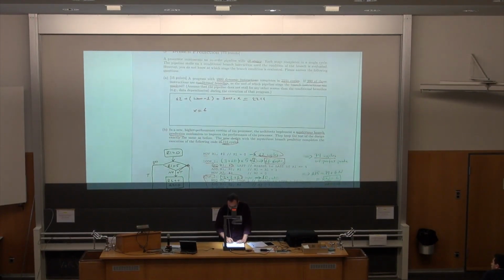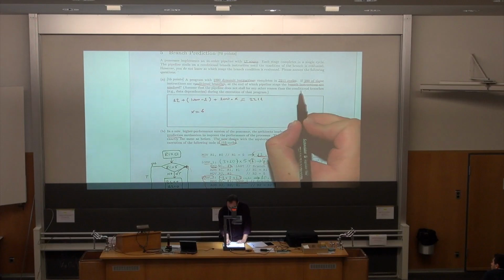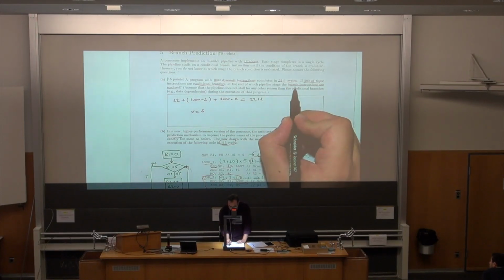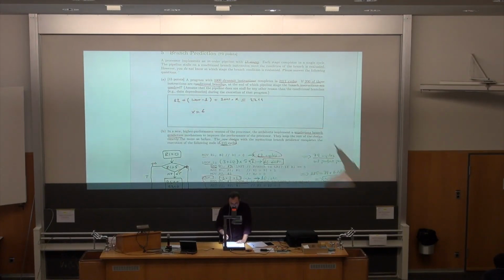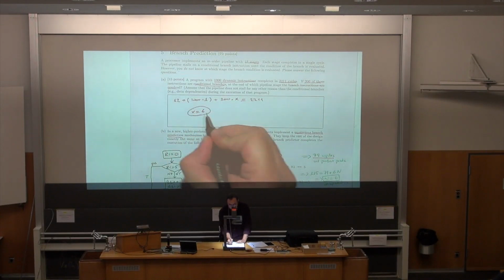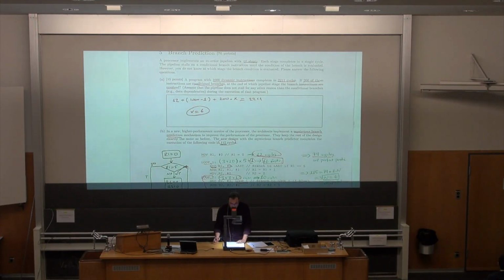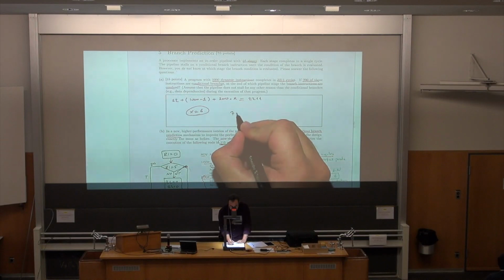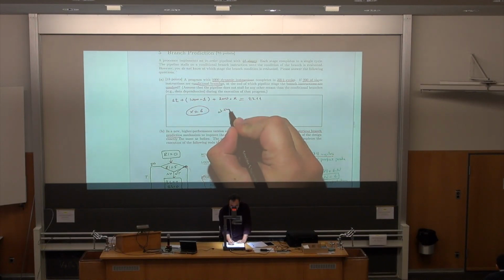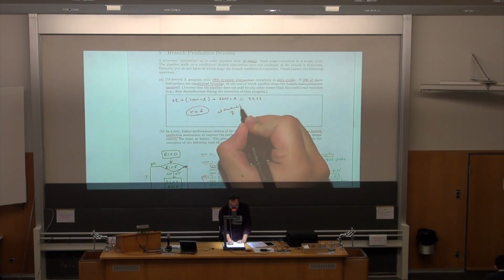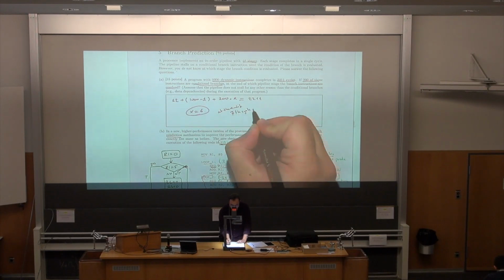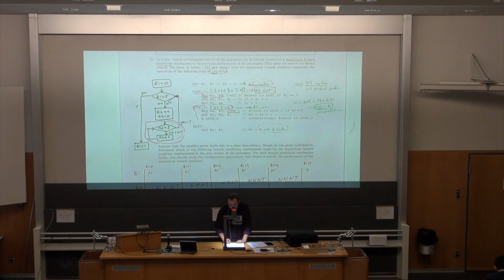Oh, by the way, I forgot to mention that the question here is asking when the branch instructions are resolved. So since I have 6 cycles of bubble here, the answer is at the end of the 7th cycle. Okay, just to note it.